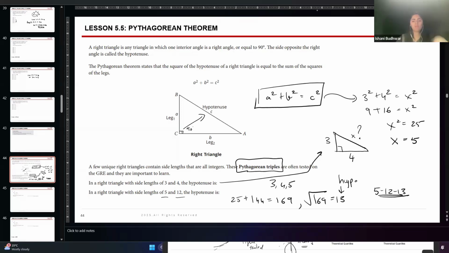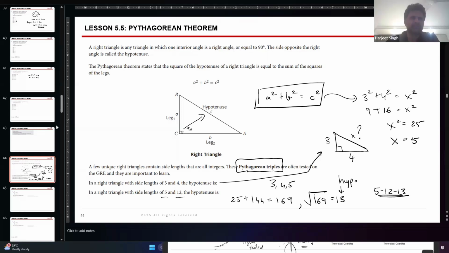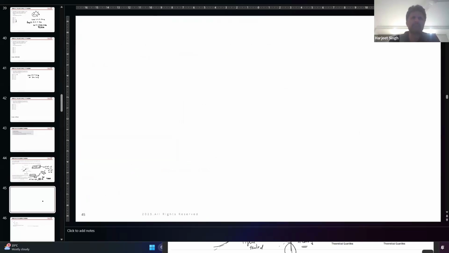Also, one more thing which I would like to mention here is that if we know that 3, 4, and 5 is a triplet, then any triangle in the ratio of 3k is to 4k is to 5k will also be a triplet.